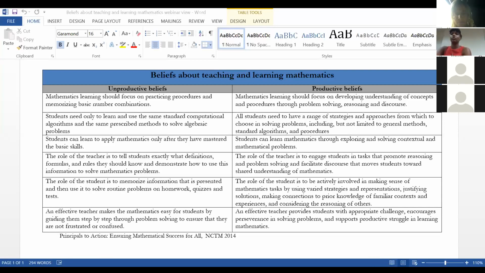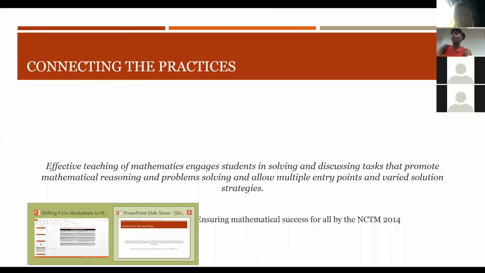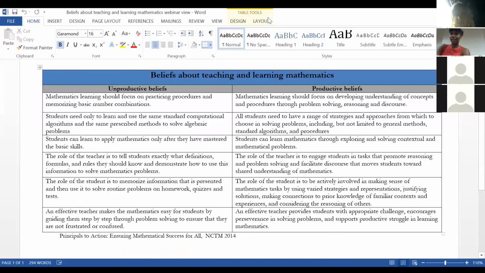Oh no. I am sorry about that. I had my screen sharing paused. There we go. It basically summarizes the 8 standard practices here. Effective teaching of mathematics engages students in solving. I don't understand why it's not staying here. Let's try that again. I apologize. I clicked on the PowerPoint and then it says my screen sharing is paused. Let's try that again, one more time.